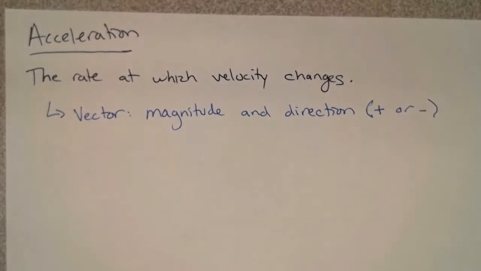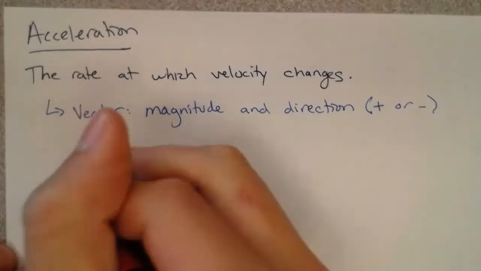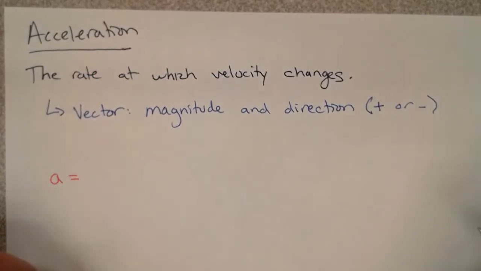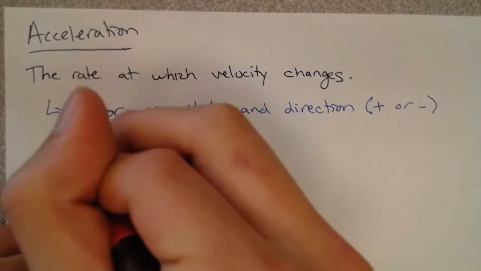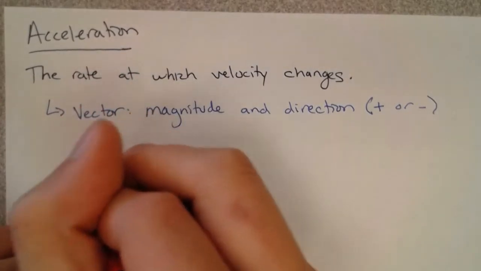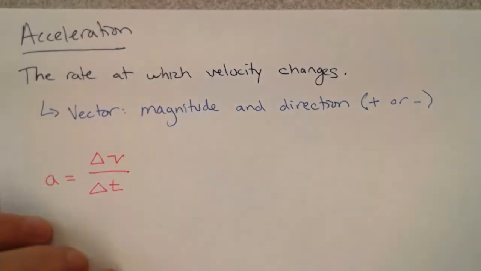All right? Now, we are going to calculate acceleration with this equation right here. Acceleration is the rate at which velocity changes, which means we are going to have the change in velocity divided by the change in time.